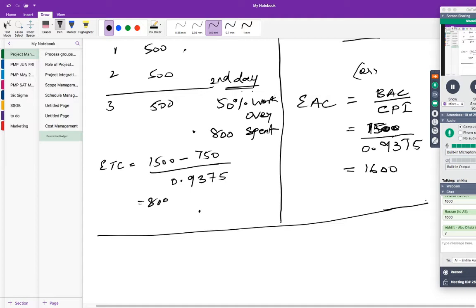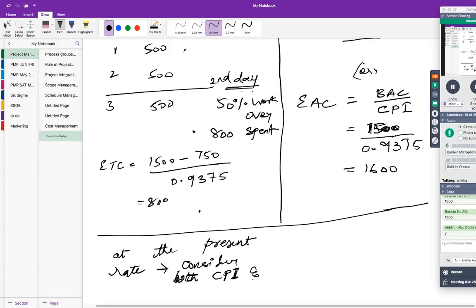So scenario number 2: you go as per the present rate, but consider both CPI and SPI. Consider both CPI and SPI.